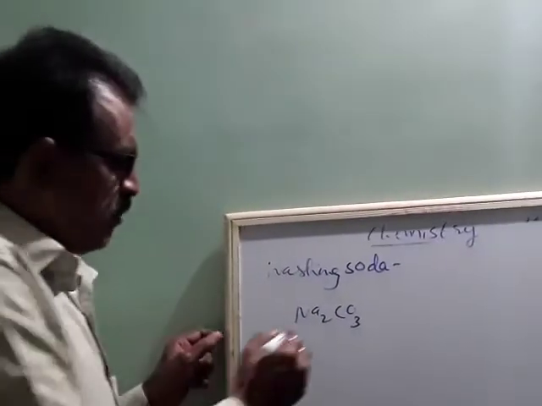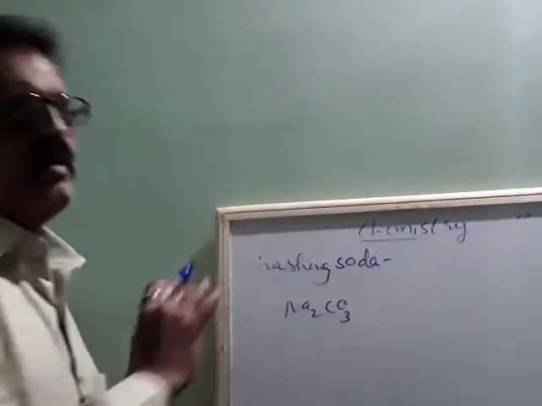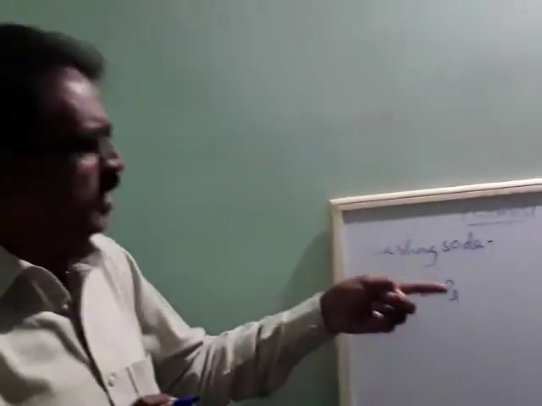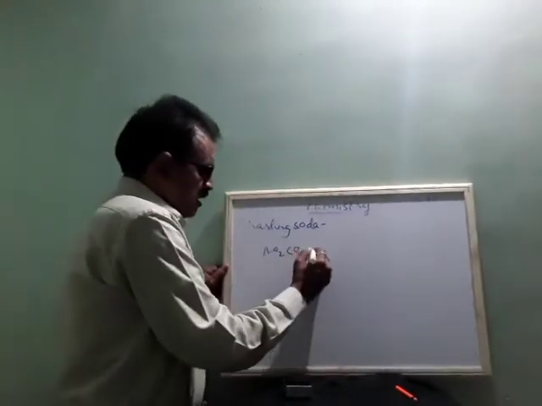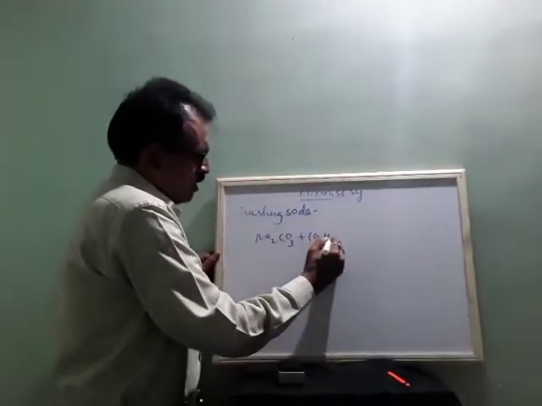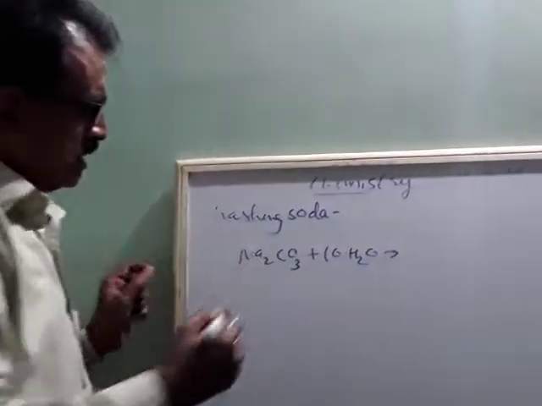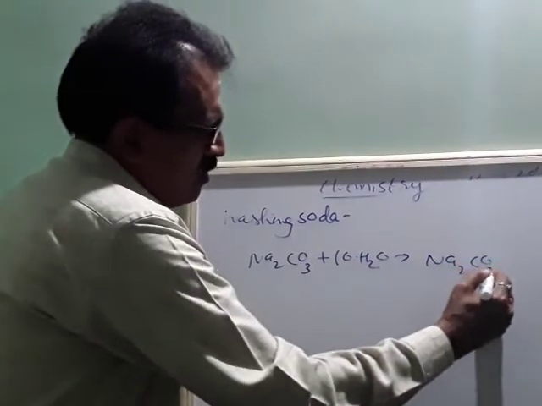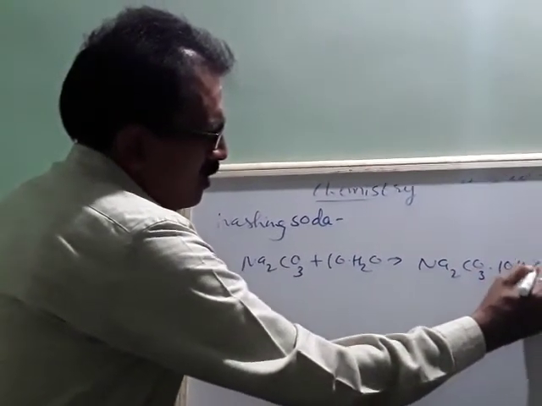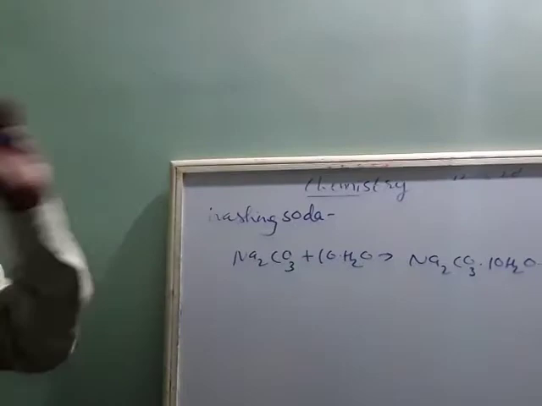This is prepared by heating sodium bicarbonate. And again this is made to react with water, so Na2CO3.10H2O becomes sodium carbonate decahydrate. So sodium carbonate is prepared in this way.